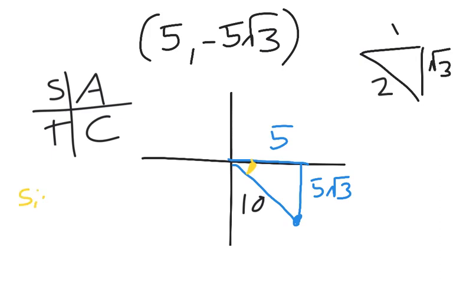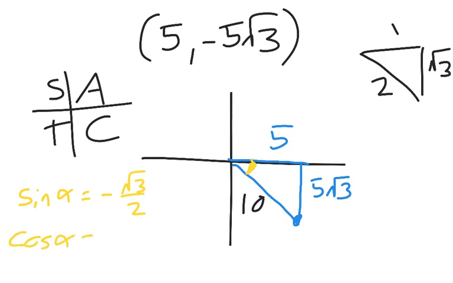So if I needed to find sine of alpha, sine is going to be negative, and it is the opposite over the hypotenuse, which would be 5 radical 3 over 10, which reduces to what I would get if I had my original 30, 60, 90. So it reduces to radical 3 over 2. So sine of alpha is negative radical 3 over 2.